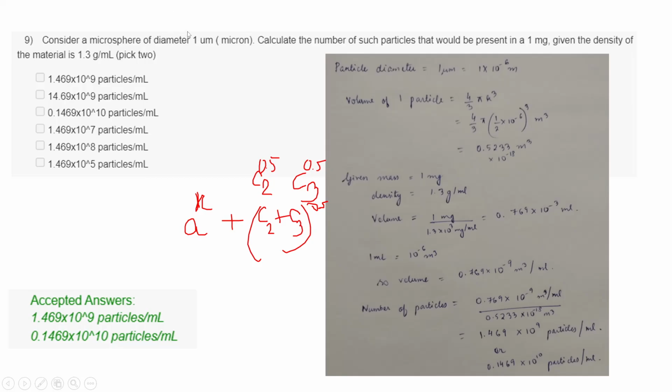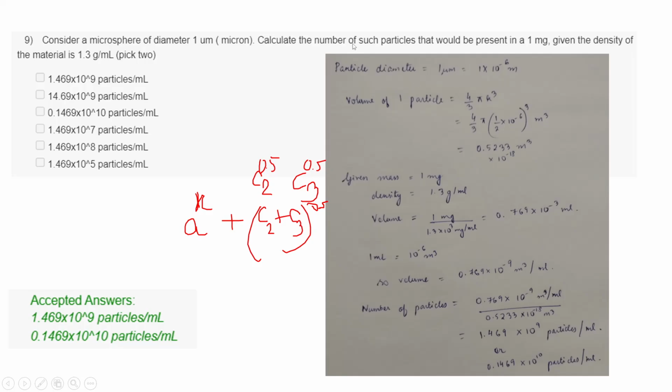If you calculate the volume of this one particle, it would be 4/3 pi r cubed, since we are considering it as a spherical particle. The r would be half of the diameter, into 10 to the power minus 6 meter, and if you put it into the formula, you'll get a value of 0.5 into 10 to the power minus 18 meter cube. That is the volume of one particle.